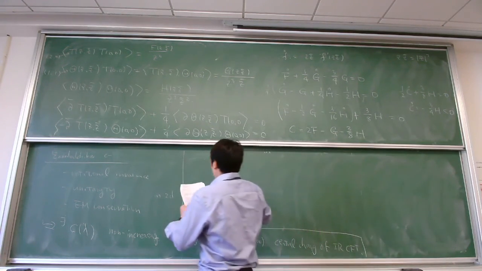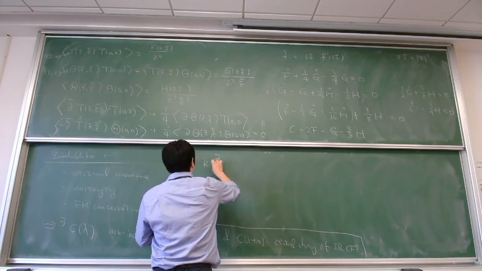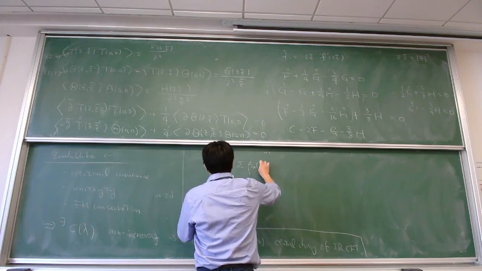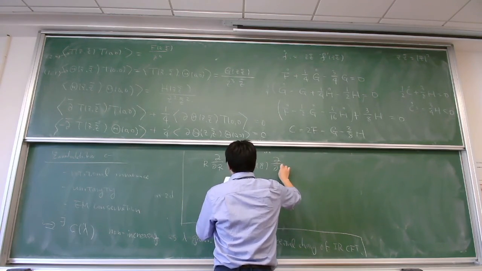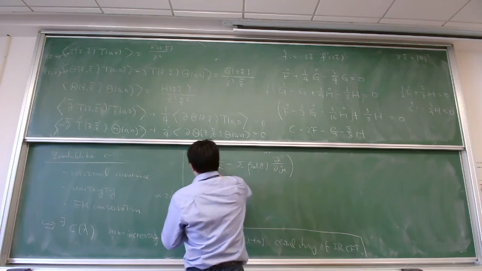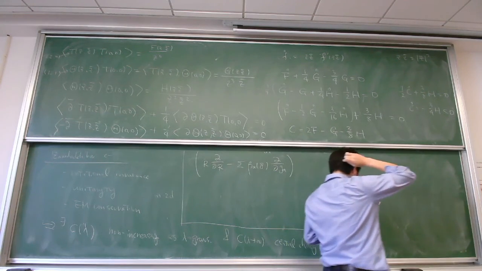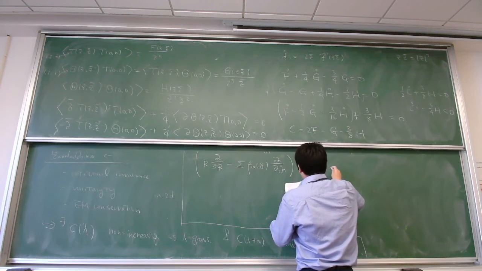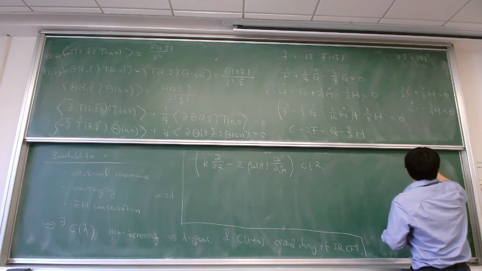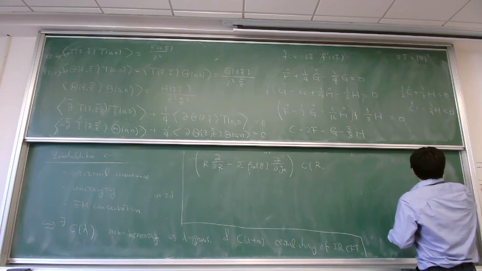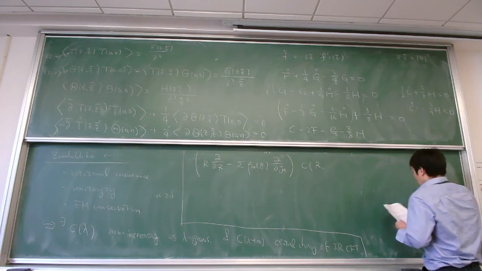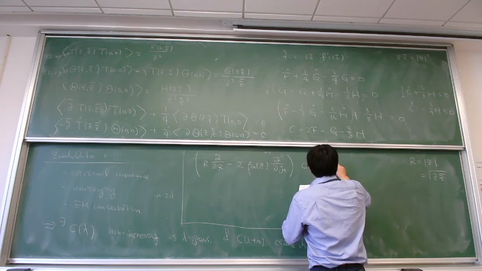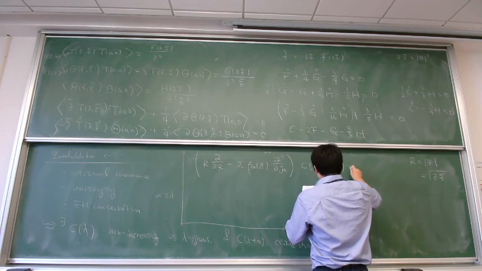So Callan-Symanzik equation: partial R is the sum of beta A G. And indeed, if you use the Callan-Symanzik equation, you can get the C dependence on R. R is equal to Z, which is current DC bar. Now, it depends on the coupling constant, G equals 0.